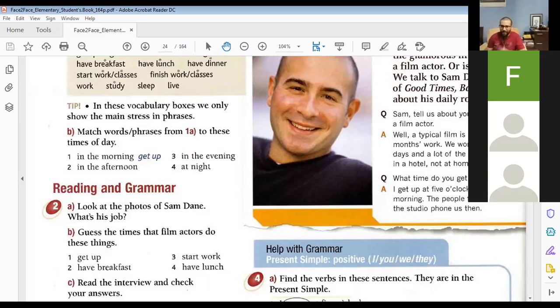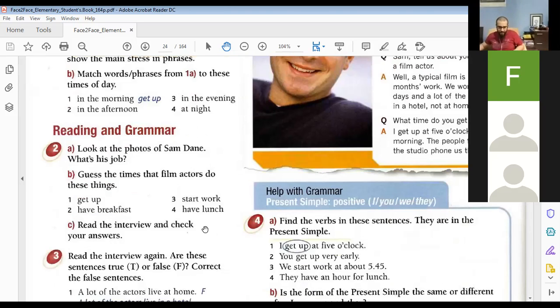Waking up at 5 o'clock is bad, but if you can have breakfast at 5:30, maybe it's okay. But to have breakfast at 7:30, stay hungry for 2 hours, I think that's very hard. What about work? When does Sam start work? 5:45, I think 5:45 a.m. I think you're right. Let's check.